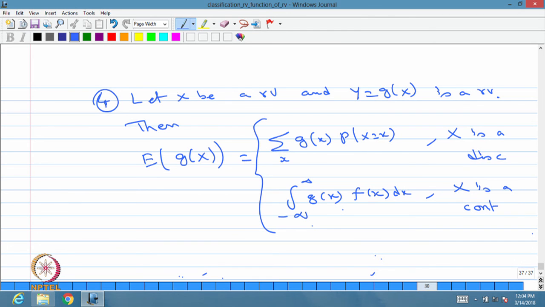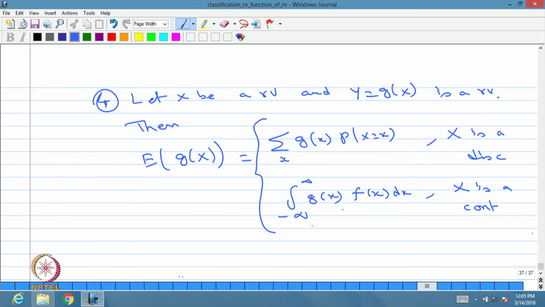Why this result is very important is that you are not finding the distribution of g of x, but with the help of the distribution of x, you are finding the expectation of g of x, provided it exists. Whatever be the distribution of g of x, as long as the expectation exists, you can find it with the help of the distribution of x.